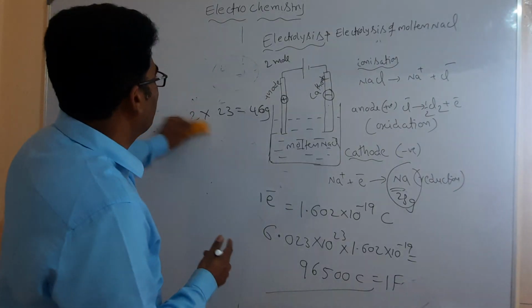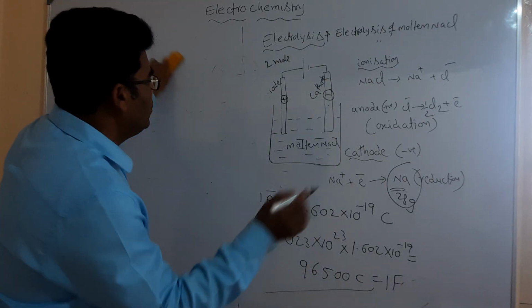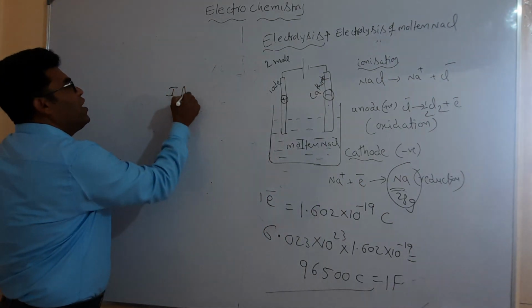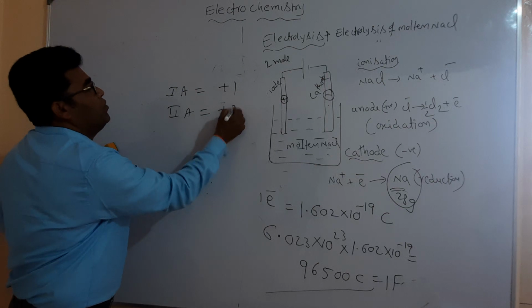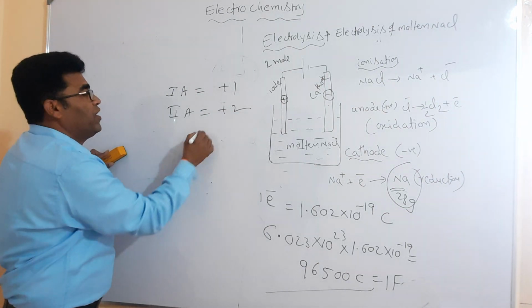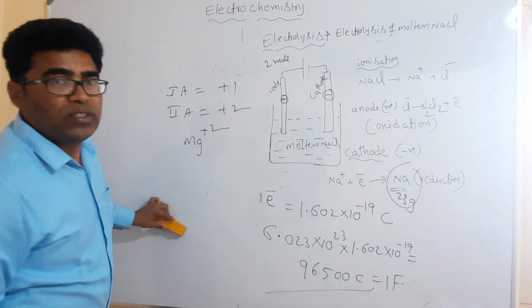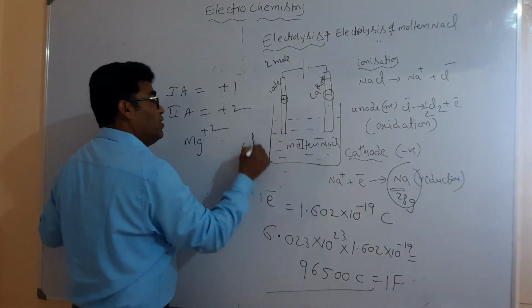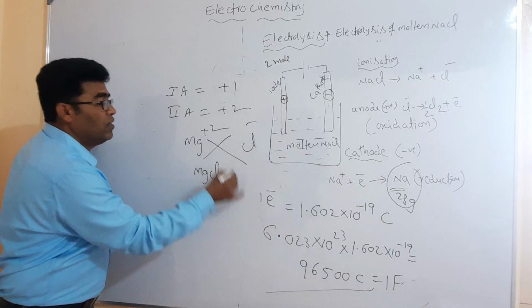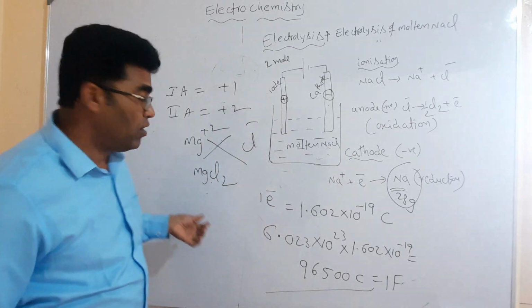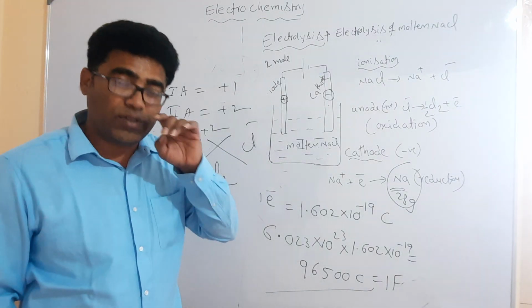Later we'll go ahead. You know very well, 1A group elements have charge +1, 2A group elements have charge +2. Suppose magnesium, if you take, Mg +2. 7th A group elements, -1. If you take MgCl2, this is called molten MgCl2.